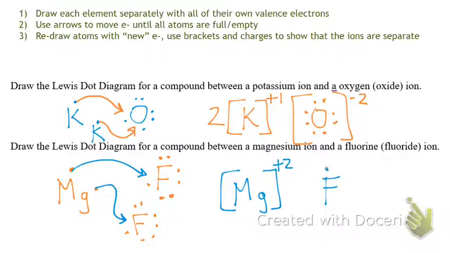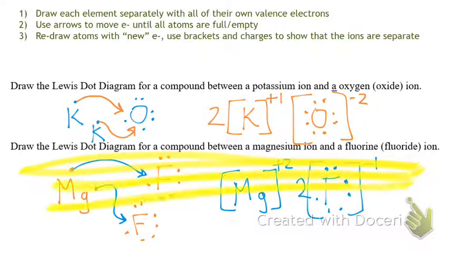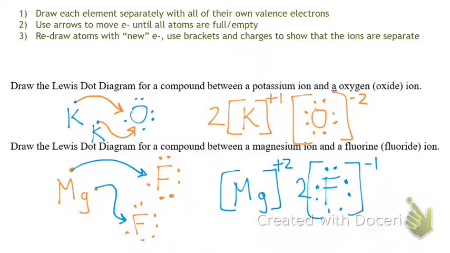Fluorine is going to be full. And in order for this compound to be correct, I had to have 2 fluorines. So, just problem solving, thinking as we do this. Remember, this whole thing in here is our answer. It's not just this stuff over here.